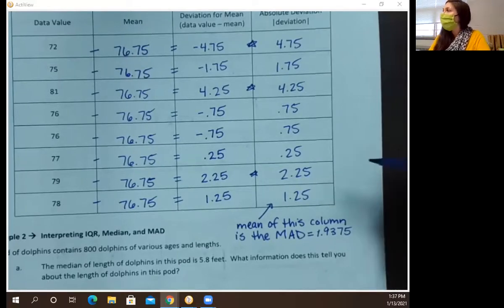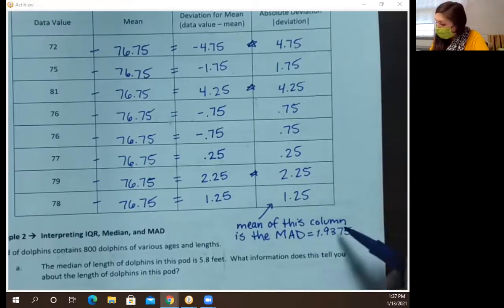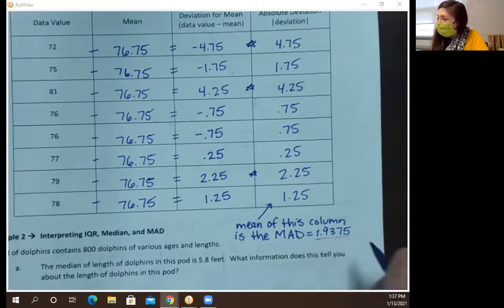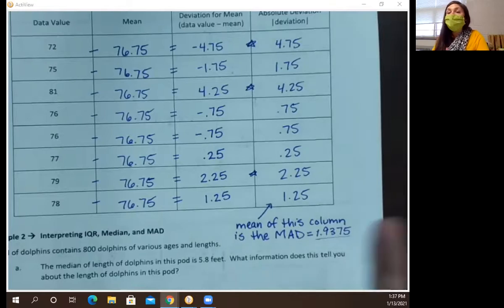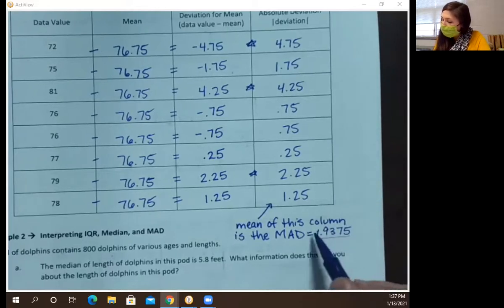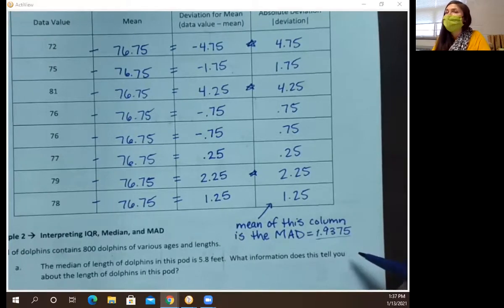And we'll talk more about that later this week, but that's what we want to start thinking about with these deviation numbers. It gives me an average for how far away most points should be from my mean. So I would expect most of my values to be no more than this far away from the mean. If they're a lot farther away than this, that's where I want to start asking those questions.